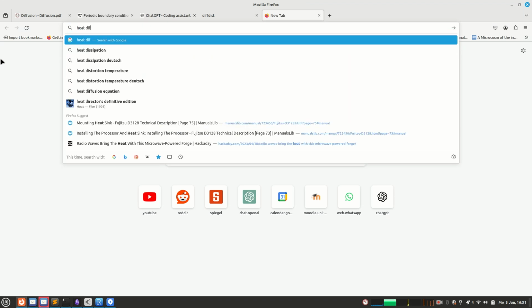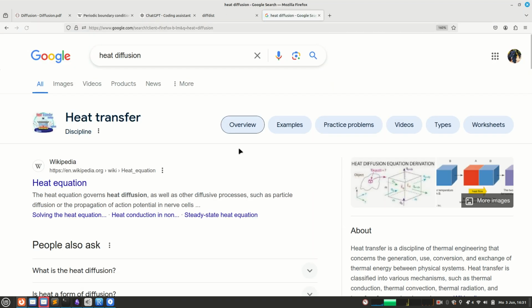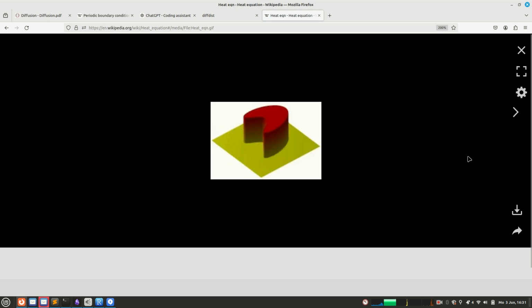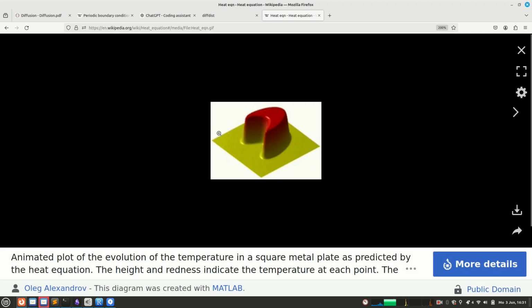Heat diffusion. Wikipedia had this beautiful animation here, where you can imagine you start with a 2D grid, and on this 2D grid we initialize this with something, and then you can really see how it melts and melts out, but it doesn't stop, and you can imagine in the end the heat will be the same everywhere.